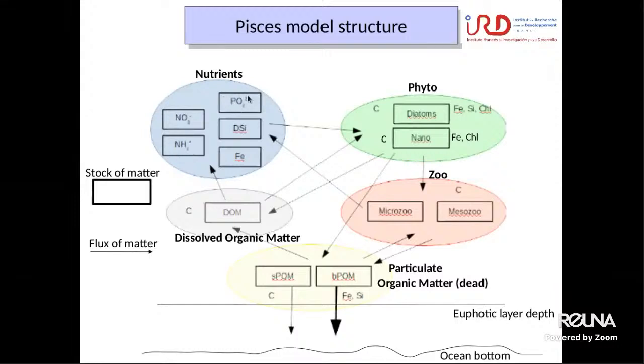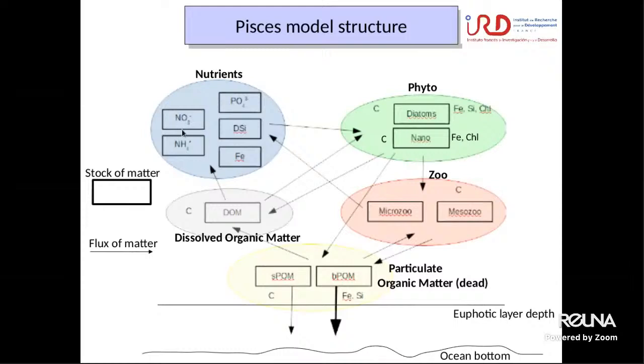It has phosphate, it has silicate, and it has iron. Originally, what is really difficult and complex in PISCES is the iron cycle. I'm not going to describe that because I don't think I could describe it in real detail. But originally, Olivier Aumont worked on the iron cycle a lot, so there is a lot of detail in the iron cycle.